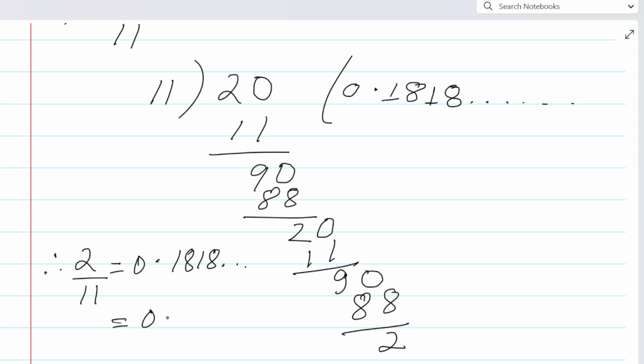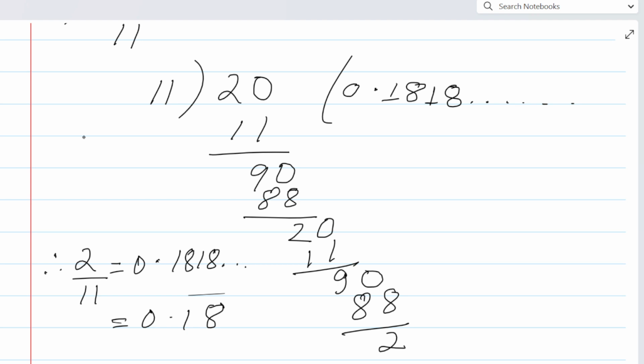Next line I can write 0.18 with a bar above 18 because 18 is repeating. It is following a certain kind of pattern, 18 18 18. So 18 is repeating. So the decimal expansion you can write, the decimal expansion is non-terminating. This is non-terminating because it's not finishing and also repeating.